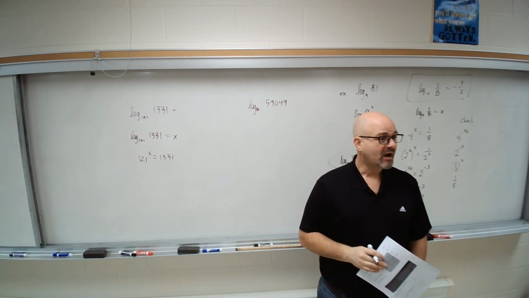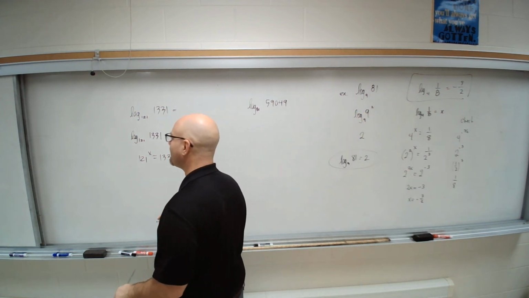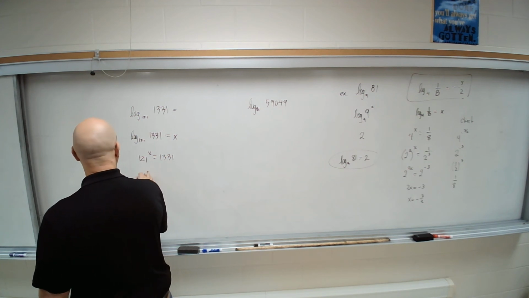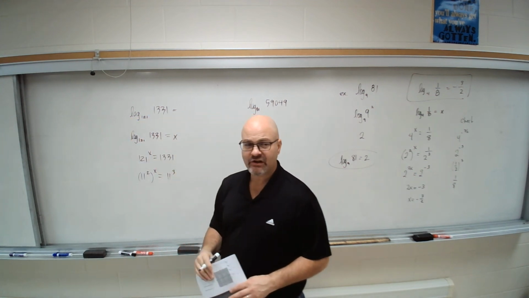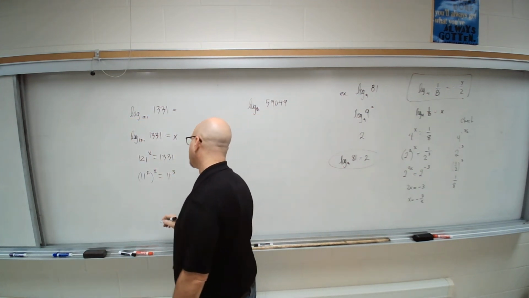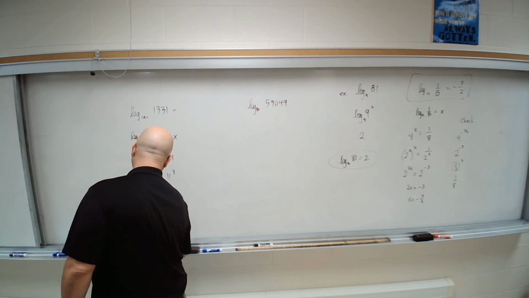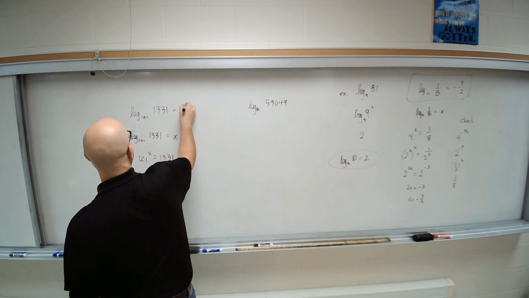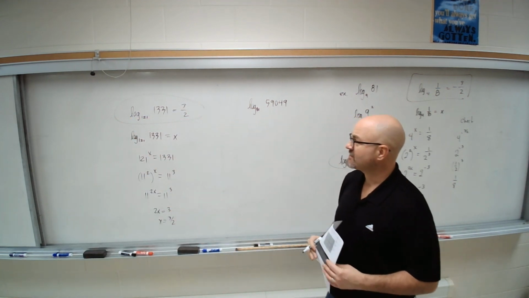And again, this process of just kind of working or manipulating these and getting them to solve is really beneficial in lots of ways. So 11 squared to the x is equal to 11 cubed. So 11 to the 2x equals 11 cubed. So x equals 3/2. So I guess 3/2 is the answer there.